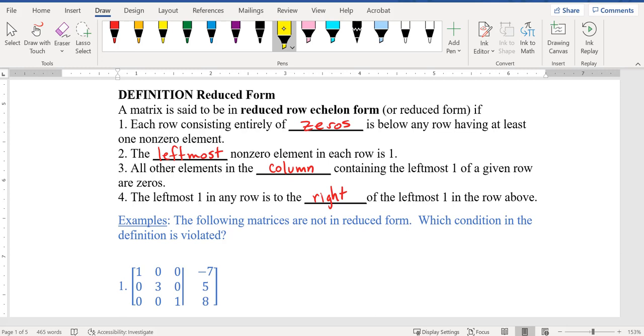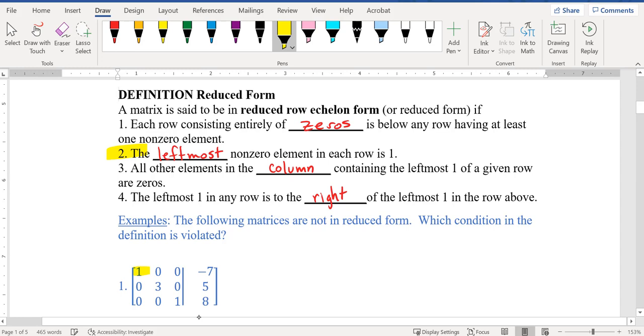Okay, let's go look and see how this holds. Examples. The following matrices are not in reduced form. Which condition of the definition is violated? So first thing, are there any rows of all zeros in this example? And the answer is no, so that condition is okay. Number 2, the leftmost non-zero element in each row is a 1.